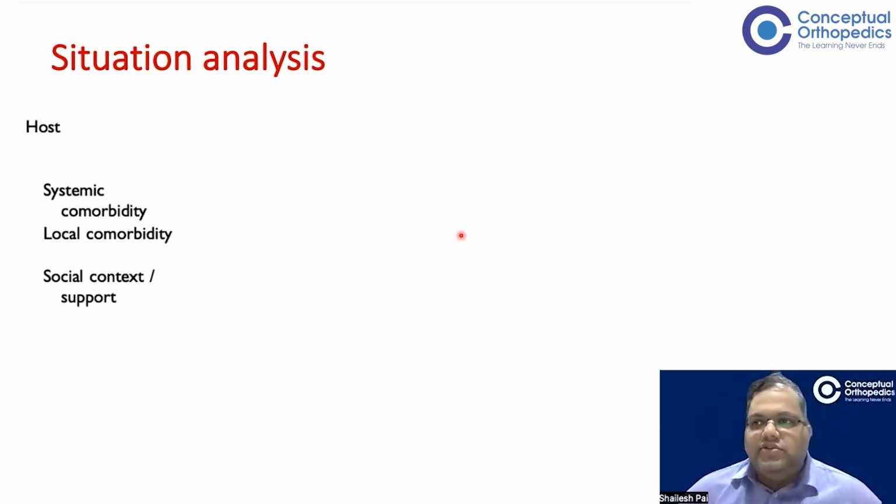So we need to understand how much support he has, because if the patient doesn't have enough support, he might lose the willingness to continue with the treatment. Many times we see that the patient is fed up with the treatment and comes and asks for a secondary amputation. So he might end up even in amputation when there is a florid infection not responding to treatment at all.